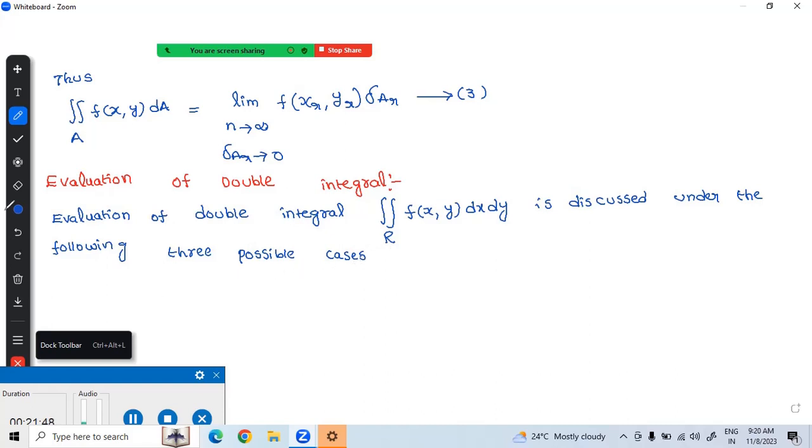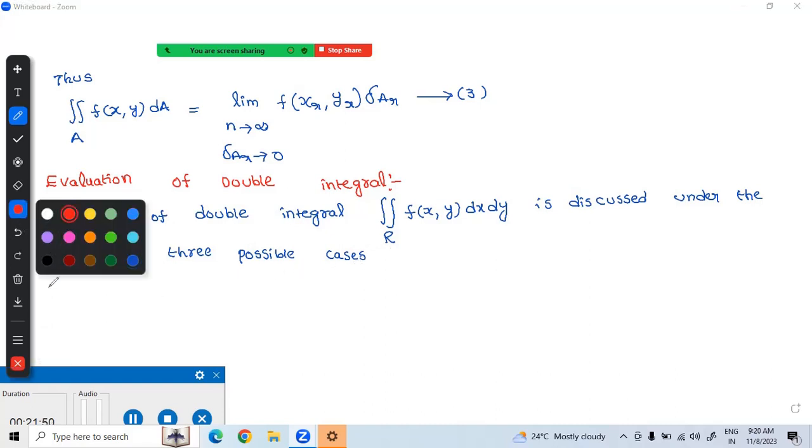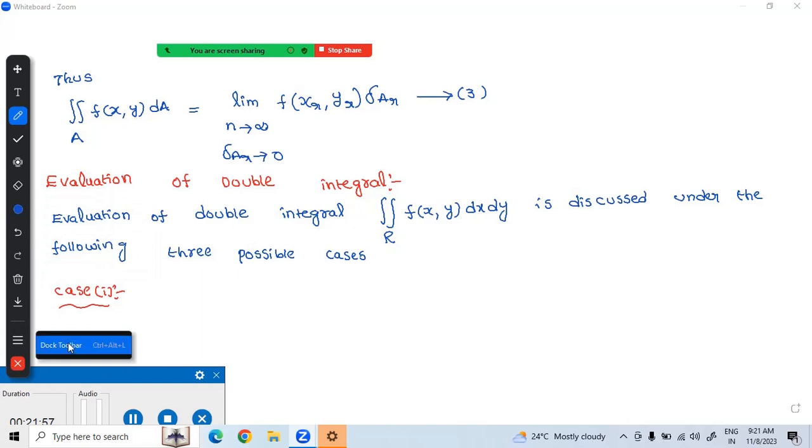So case 1, when the region capital R, please observe how to evaluate.